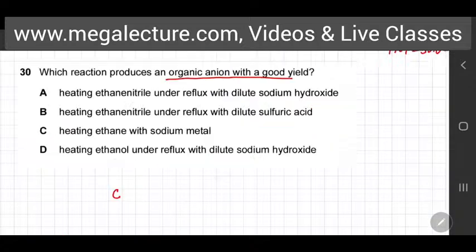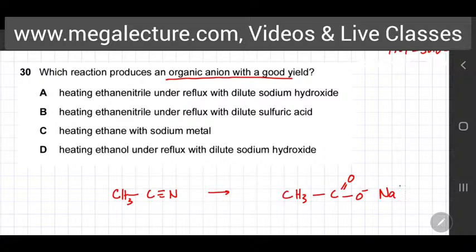So let's draw ethane nitrile, that's CH3CN. This one will have 3 H's. You heat it under reflux, the CN will hydrolyze, and it will turn into a carboxylic acid, but it will give a salt of the carboxylic acid because the conditions are alkaline.